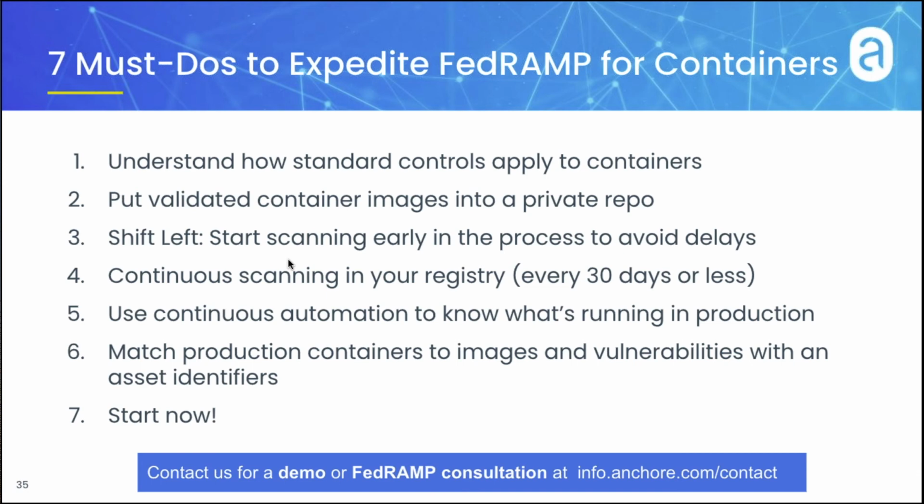As we saw on the previous slide, that clock is already ticking. That's why Anchor is so keen on enabling our partners, the 3PAOs, the CSPs and our federal orgs, and making sure they have everything they need from us to make that process and transition as easy as possible.